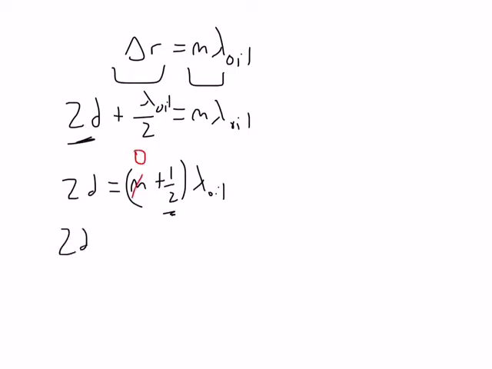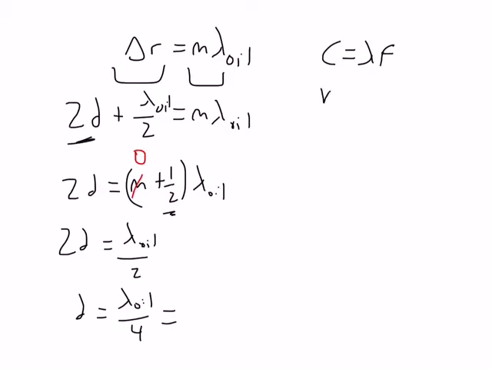So we get 2d equals lambda oil over 2, and so d is lambda oil over 4. So now all I need to do is relate the incident wavelength to the oil wavelength. You can do that by using c equals lambda times f and v equals c over n and putting those together, or you can just remember the relationship that this is lambda air over n.